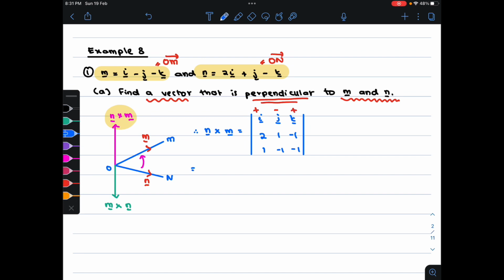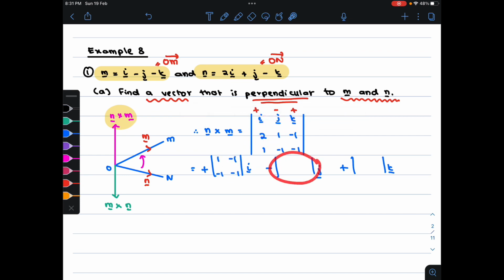And for the calculation, we're going to do determinant i, determinant for j, and determinant for k. i is positive, j is negative, k is positive. So let's do for i first. We're going to close the first column and the second row, so we're going to copy down everything here.